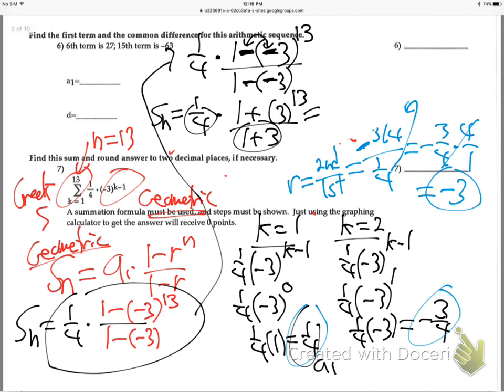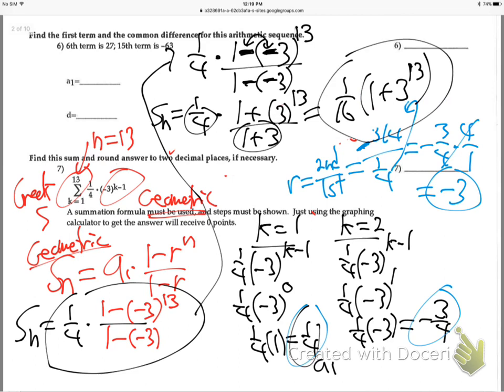This is 4 times 4 on the bottom, 1/16 times 1 plus 3 to the 13th. Hit the buttons on your calculator. Get the answer at that point, right? Good there. Or you could learn how to do this whole thing right on your calculator, but you still got to show me the formula at least to that point. And then you can just write the final answer. That's fine with me.